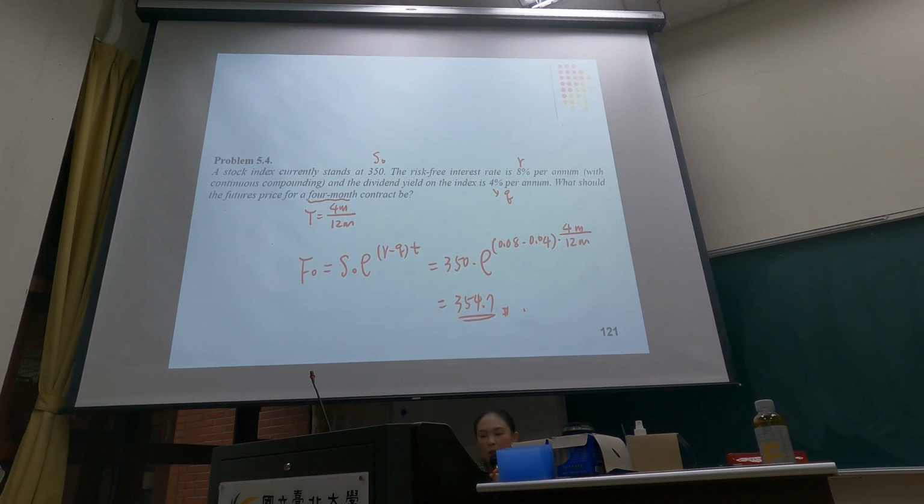For instance, here you should choose e to the power 0.04 times 1/3. I will provide this number with the correct value, so you just pick up the number to do your computation. Can you follow me? But you still have to select the correct one. If you choose the wrong one, you will end up with the wrong number. So I provide you a table of exponential terms. Don't worry about that.